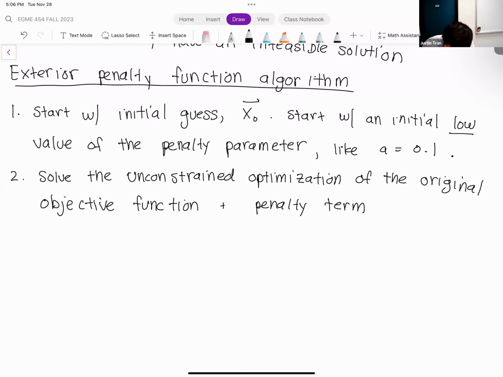So let's call this big F of x, which is equal to little f of x. That little f of x is our original objective function, and then we have our penalty terms.